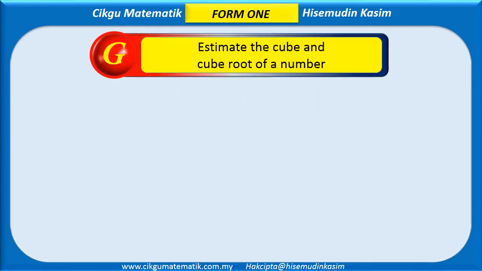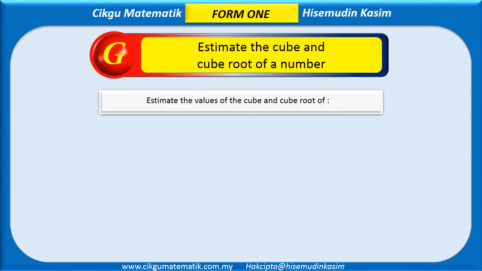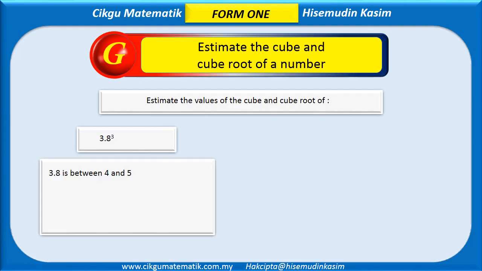G. Estimate the cube and cube root of a number. Estimate the value of the cube and cube root of 3.8 cubed. 3.8 is between 4 and 5. 3.8 cubed is between 4 cubed and 5 cubed.